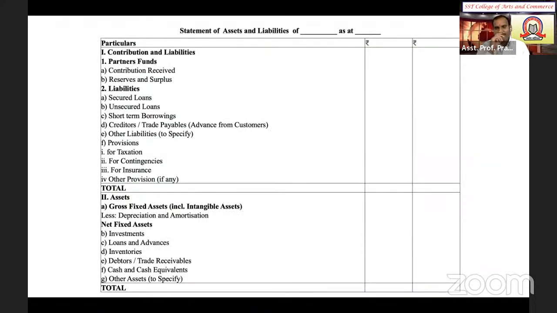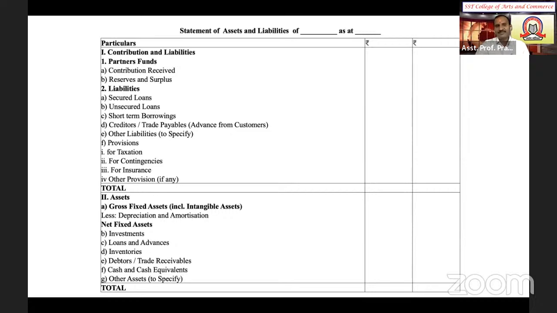Here is the prescribed format which is given in the Act. Again, two parts. One is called contribution and liabilities, and another one is called assets. My dear students, contribution and liabilities is broadly divided into first, partners' fund, and second, liabilities.